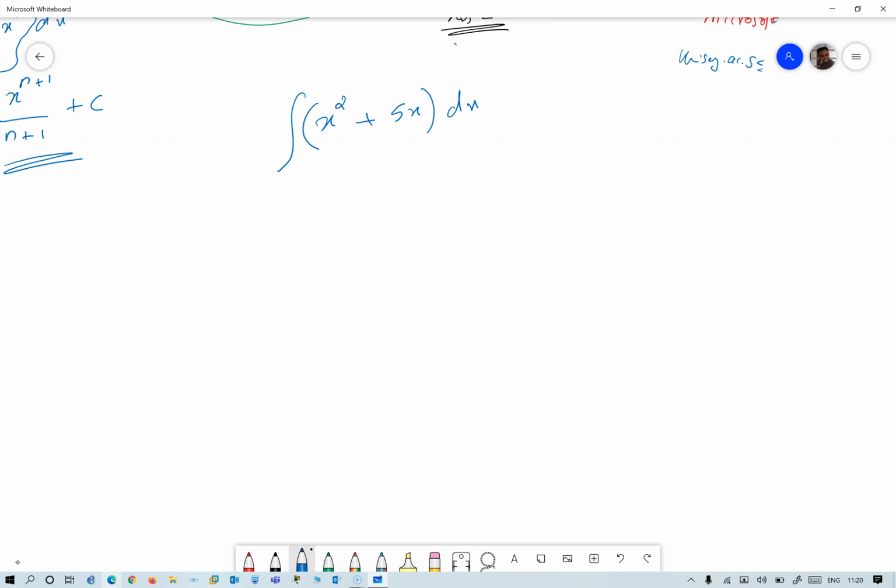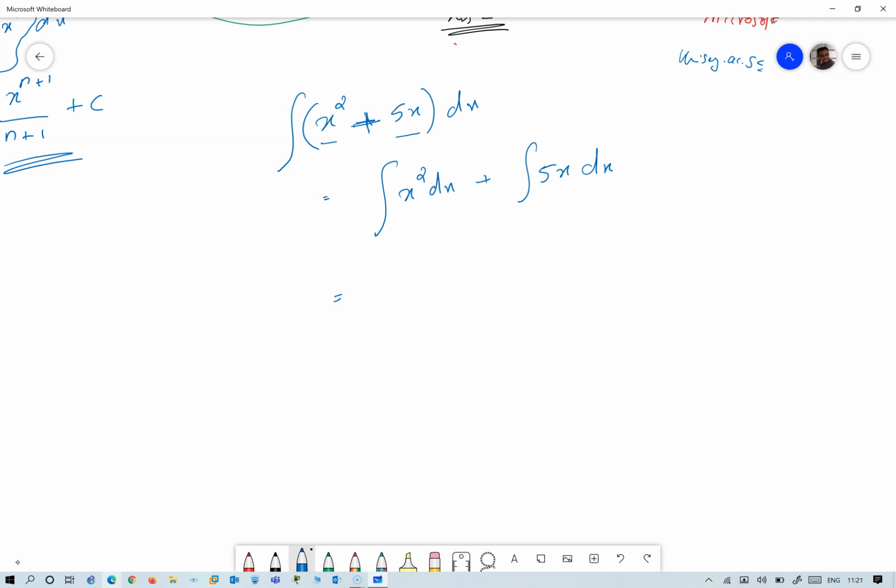Now for such questions, you have to integrate each term separately as if these were separate questions, and you just have to add those up. So to write the steps, I can write it as integral x square dx plus integral 5x dx.